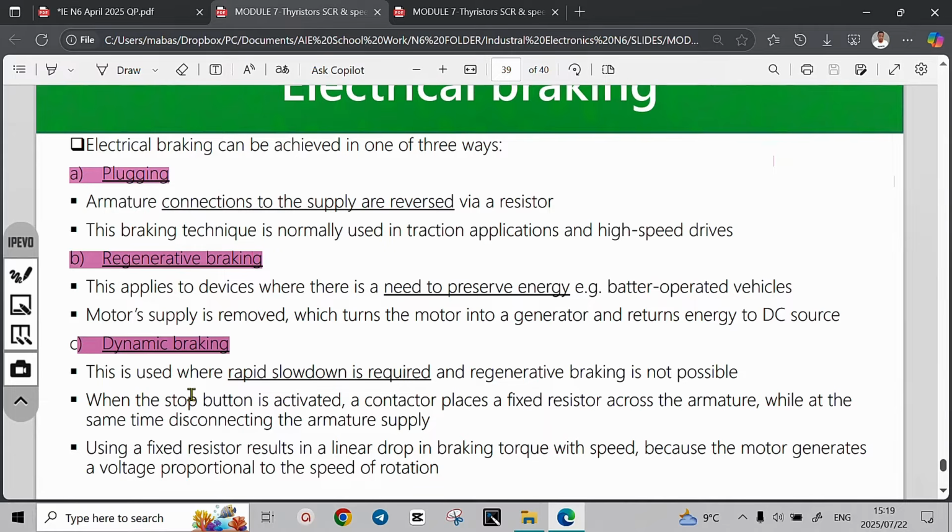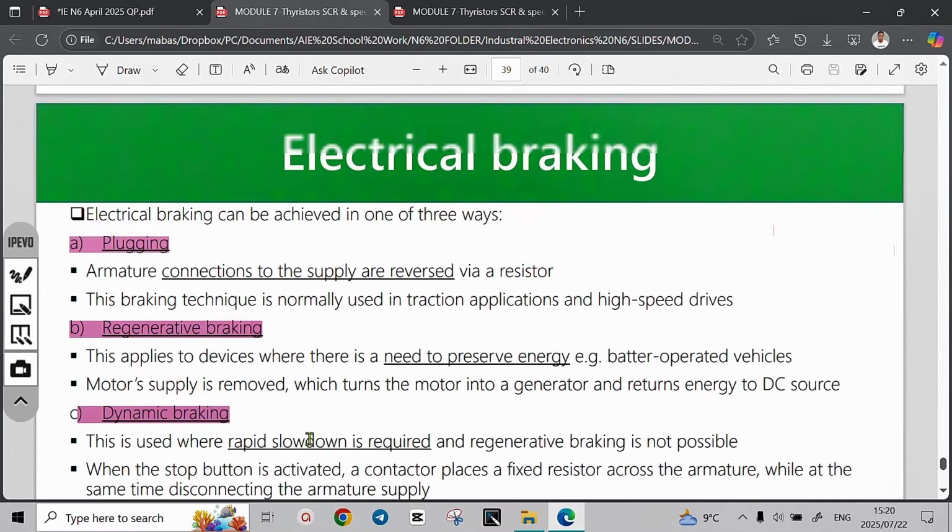This is used where rapid slowdown is required and regenerative braking is not possible. When the stop button is activated, a contactor places a fixed resistor across the armature while at the same time disconnecting the armature supply. So yeah, guys, that's that.